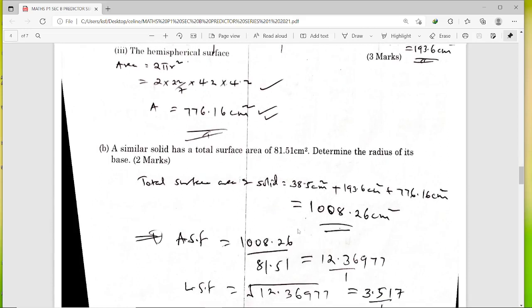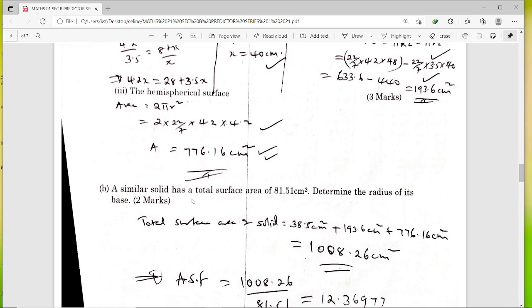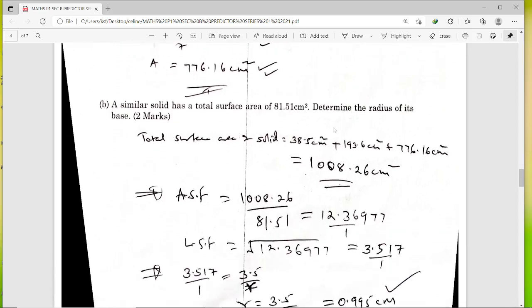And therefore, we can find the area scale factor because we are told they are similar. So we use the area scale factor. We say that this total area over this total area of the second is the area scale factor, which is 12.36977. If we know the area scale factor, we can find the linear scale factor because we are asked to determine the radius of the base of the smaller.